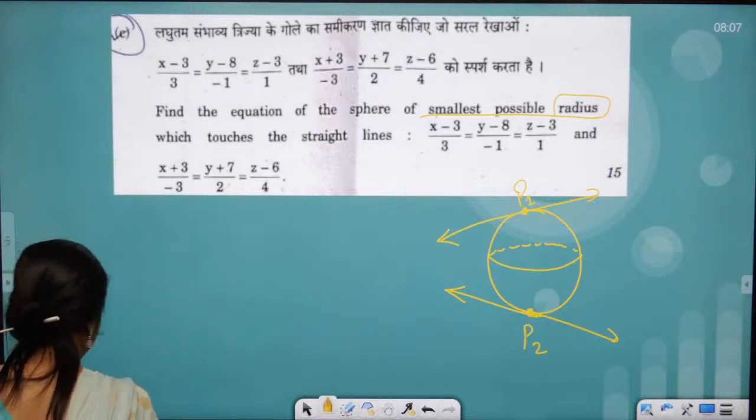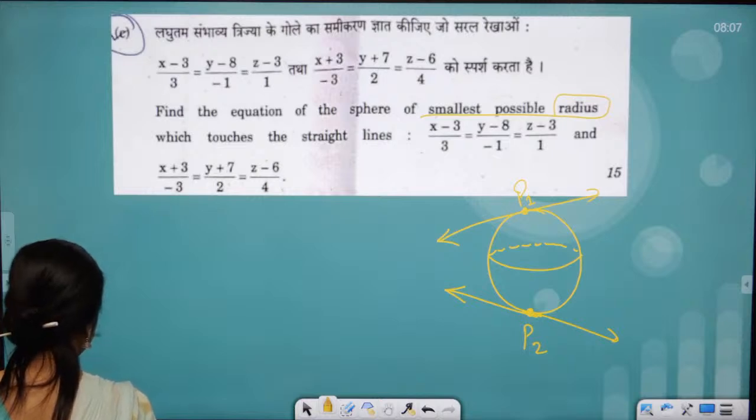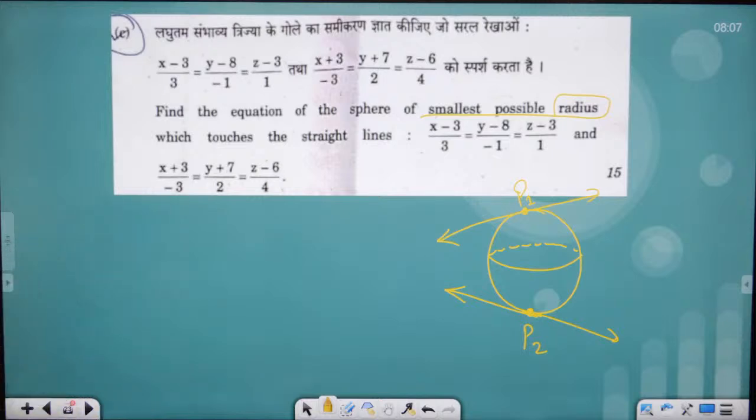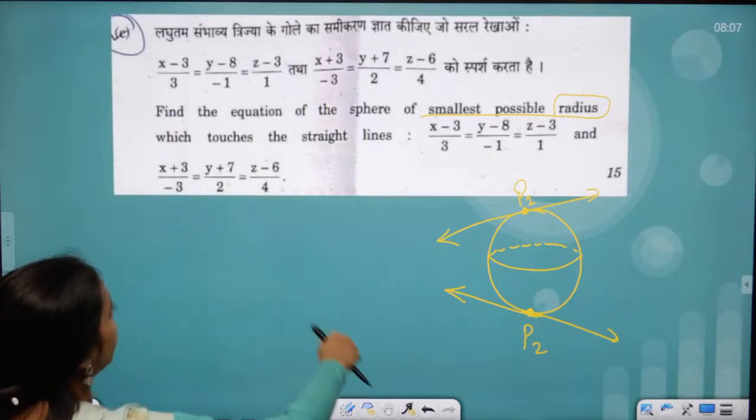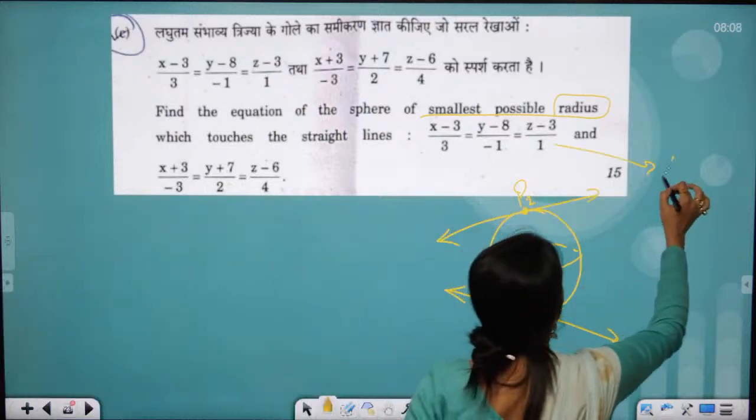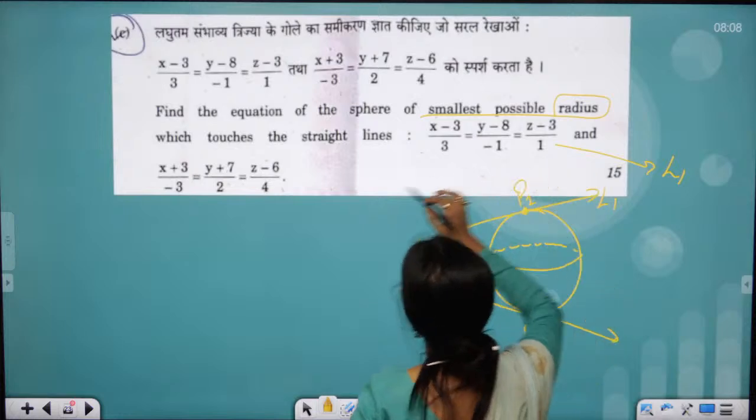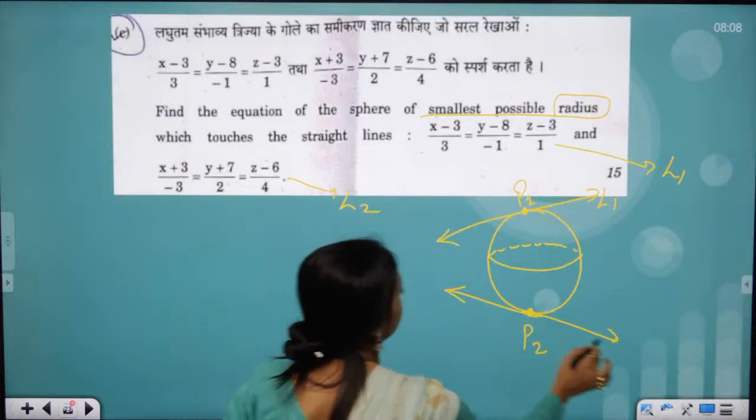how you can start? Line 1, if this is the line 1 and this is line 2, L2.